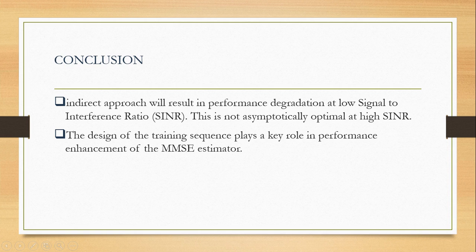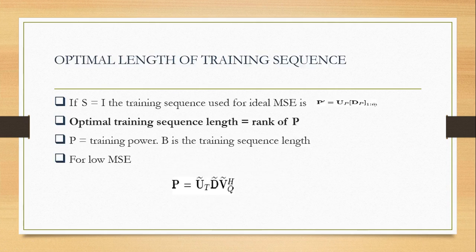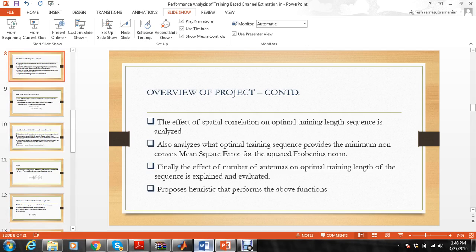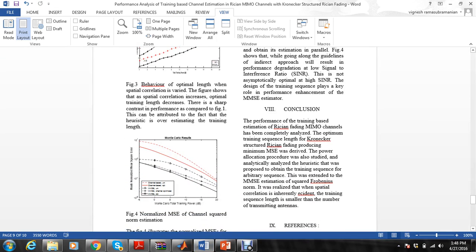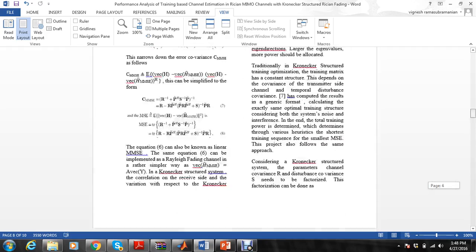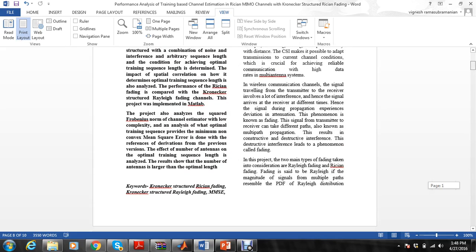It can also be noted, as mentioned in the previous slides in our overview of the project, that in this report, we have mentioned that the number of antennas is larger than the optimal length.